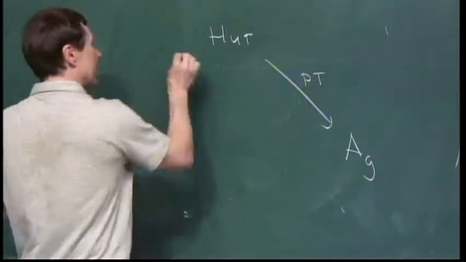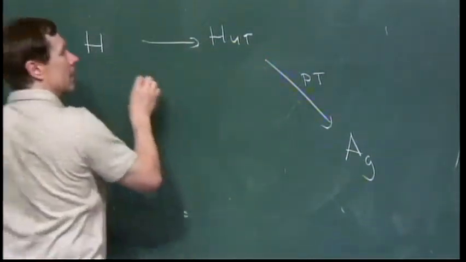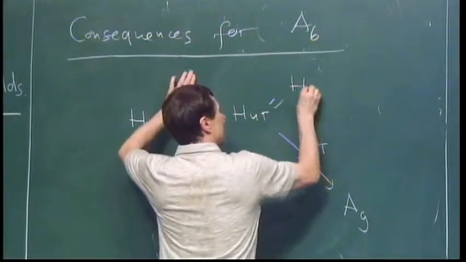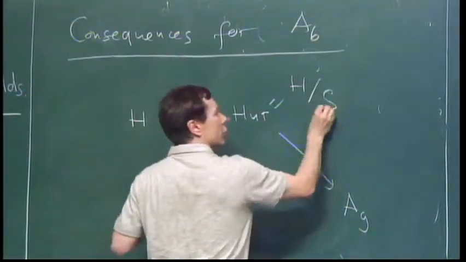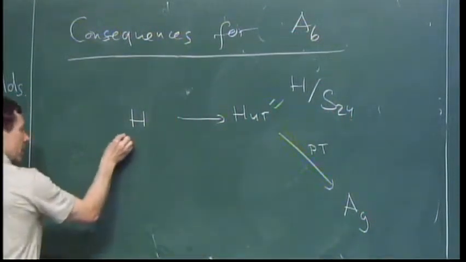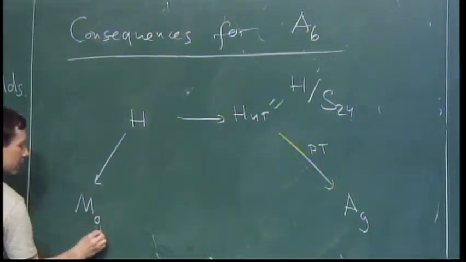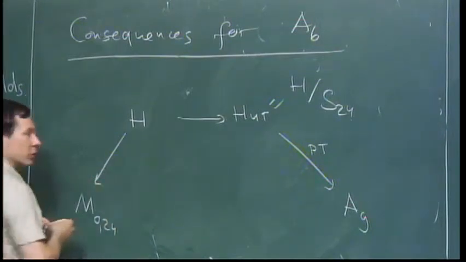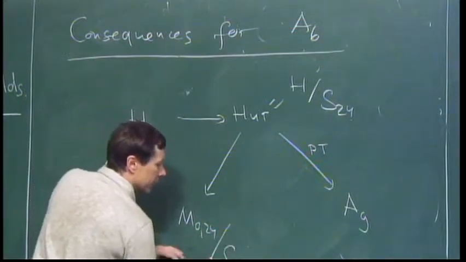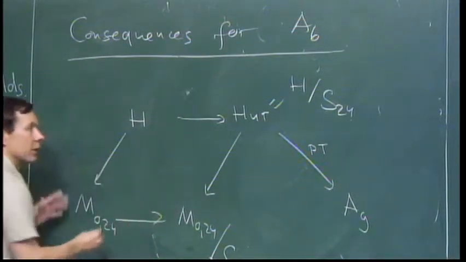Now the Hurwitz space, here the points are unordered, so you can also order them. And then this will map to M_0,24, this will map to M_0,24 modulo S24. And so you have a diagram like this.